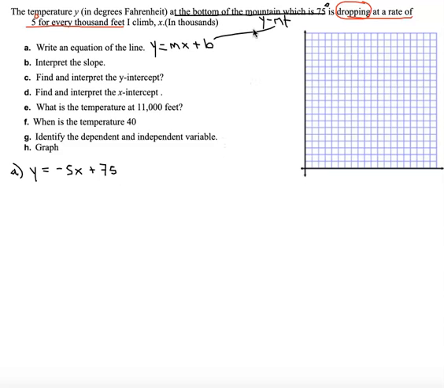Okay. Interpret the slope is part B. So we got some interpretation coming up. I'm looking for a sentence, and the sentence is usually kind of given in the paragraph itself.